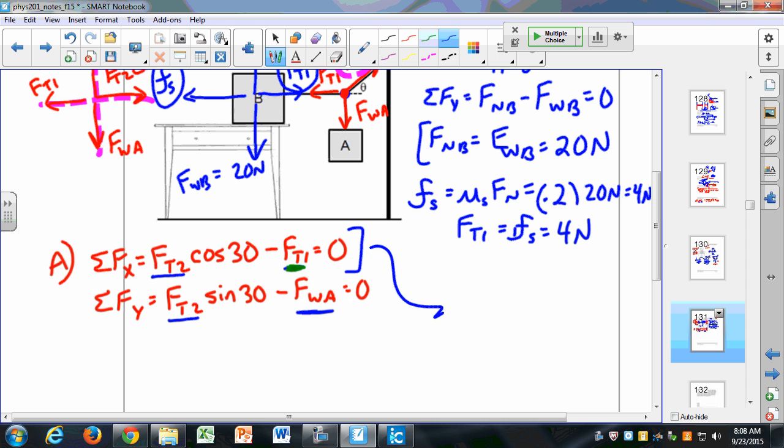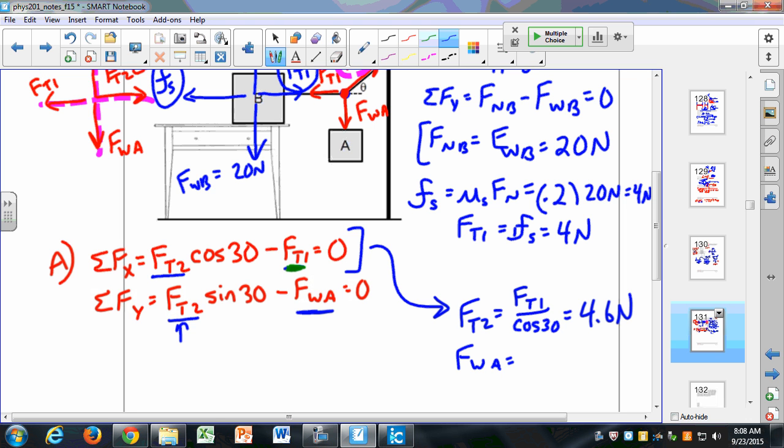So here I can solve for ft2. So FT2 is 4 over 0.86. That's going to be 4.6 newtons. And then plugging that in here, I can solve for FWA. I'm just going to give you the value here.